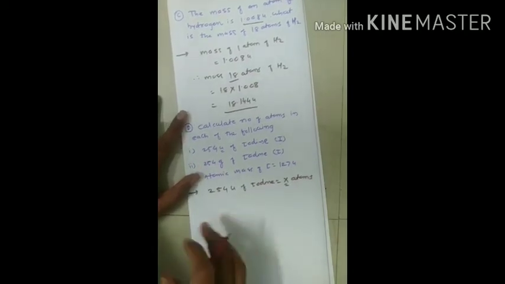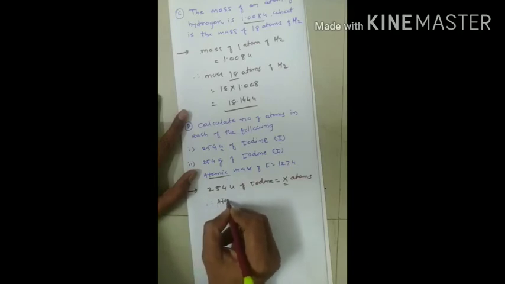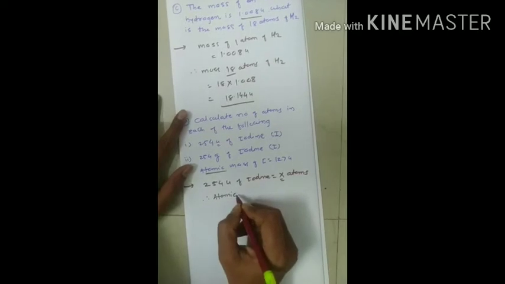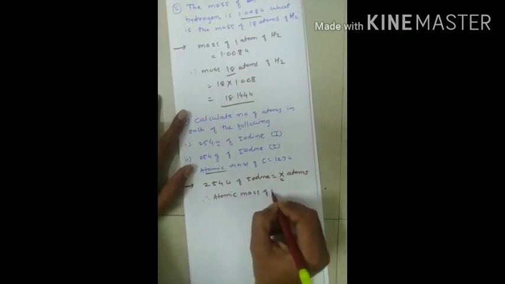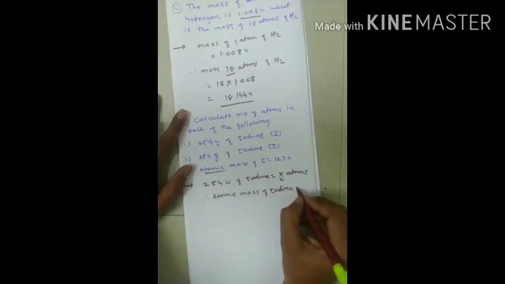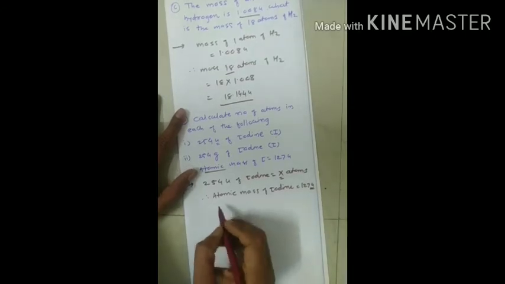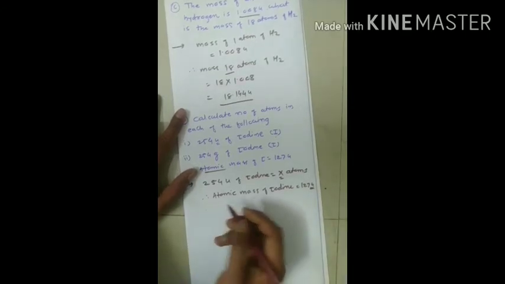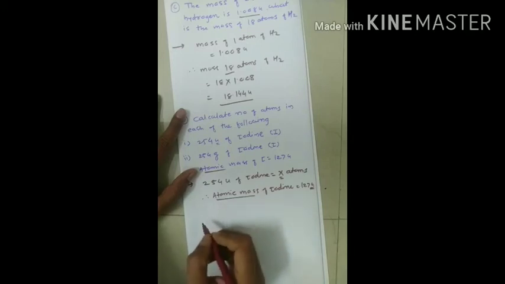And the atomic mass of iodine is given here, therefore I can write atomic mass of iodine is 127 U, isn't it? Therefore what can we say? Atomic mass means what? It is only the mass of one iodine atom, isn't it? Atomic mass represents one.